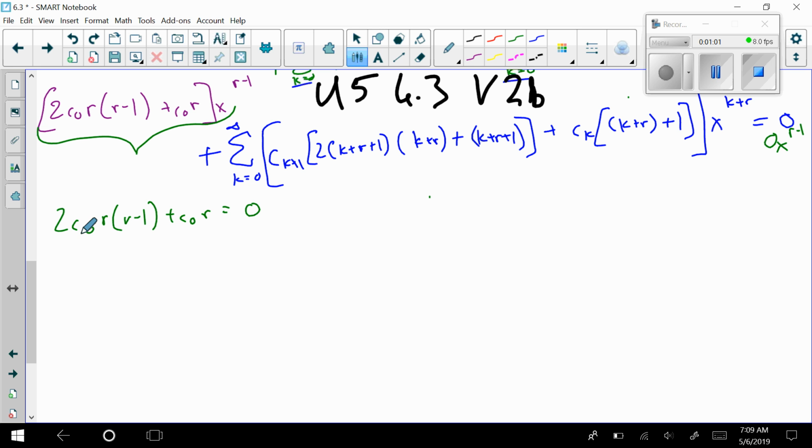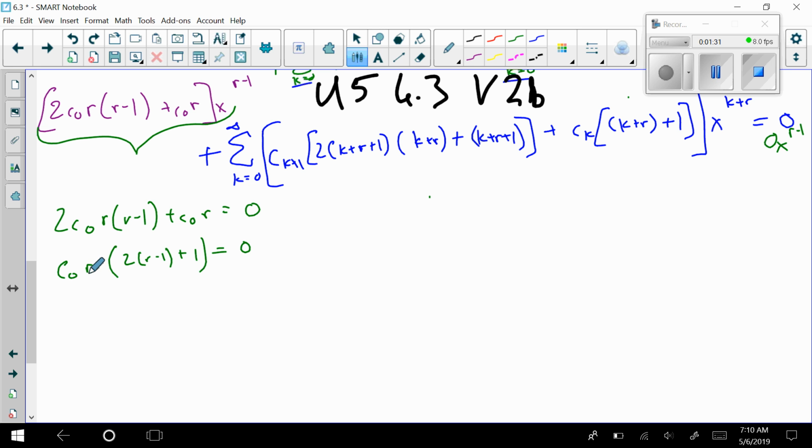What I need to do is, one, I see the c naughts, but those are just constants. So I can factor it out, or even better, divide it completely out. I do see that this is 2 c naught r and this is c naught r, so they both have c naught r. That leaves the 2 times r minus 1 plus 1 equals 0.